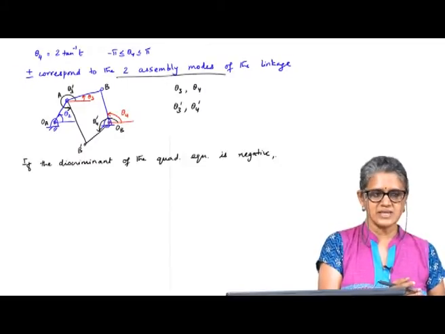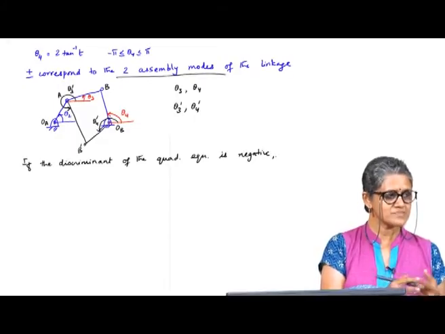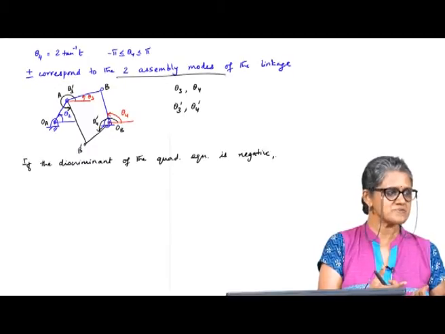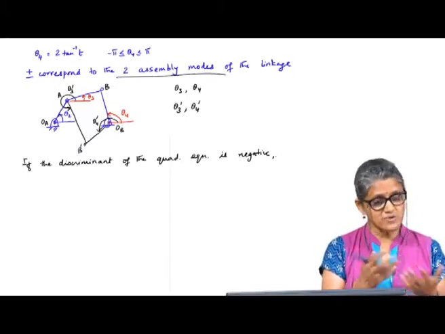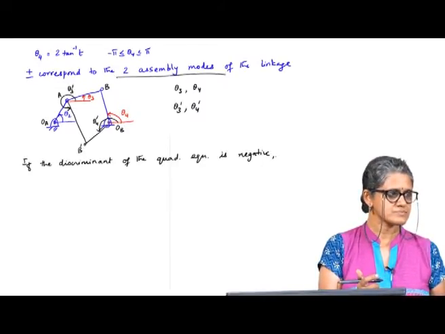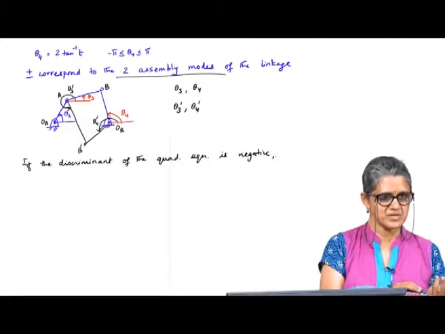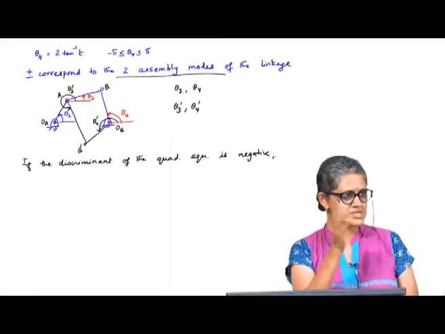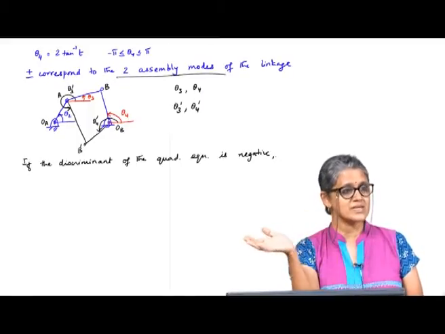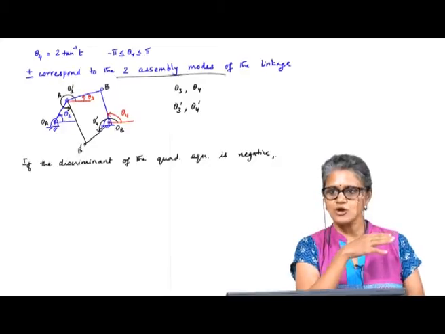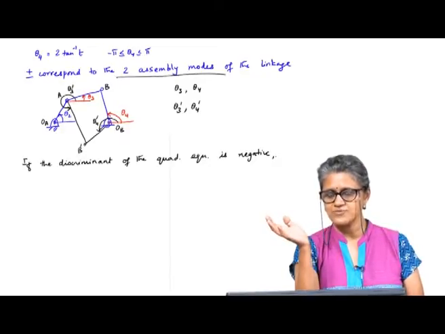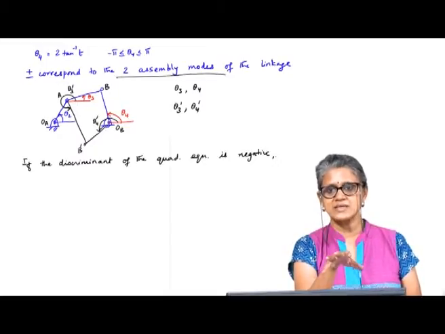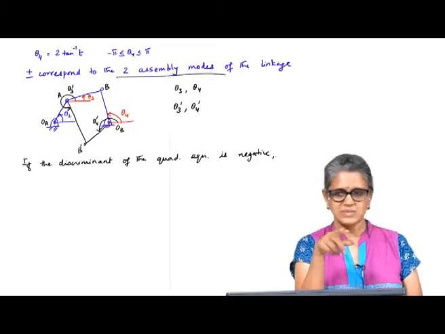So, if the discriminant is negative, it is possible that the linkage cannot be assembled in that particular configuration. Maybe it cannot be assembled for any value of theta 2. It could be just for specific values, in which case in a non-Grashof it is outside the range, so it is past a toggle position. Otherwise, it is possible that for that set of link lengths you cannot form a linkage.